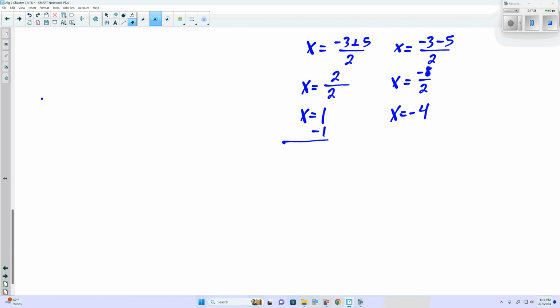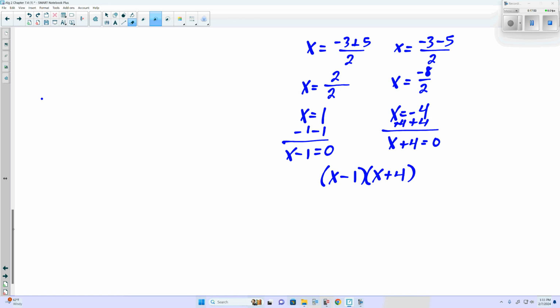Now, if I subtract 1 here and add 4 here, we get x minus 1 and x plus 4. I know some of you have the notes from yesterday.